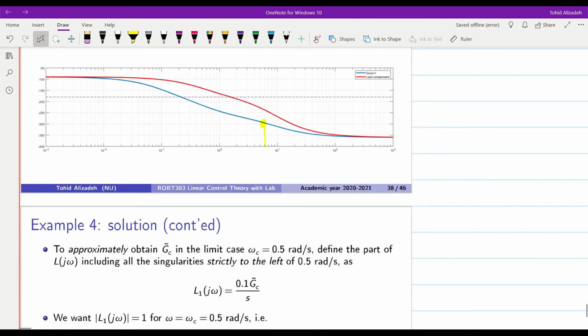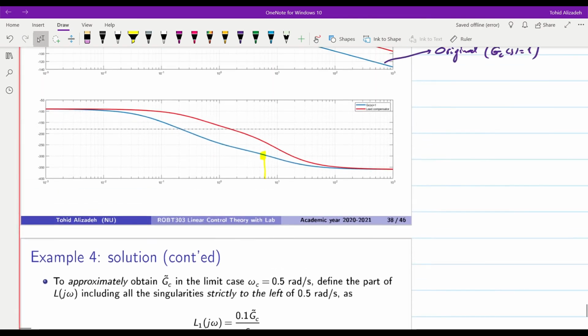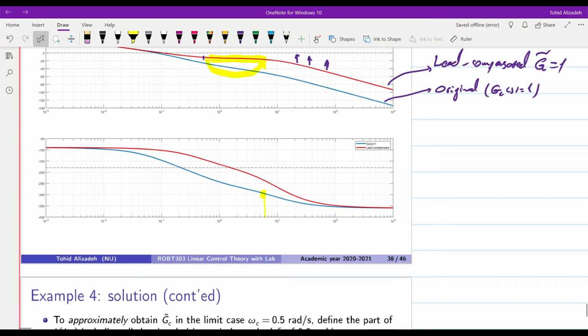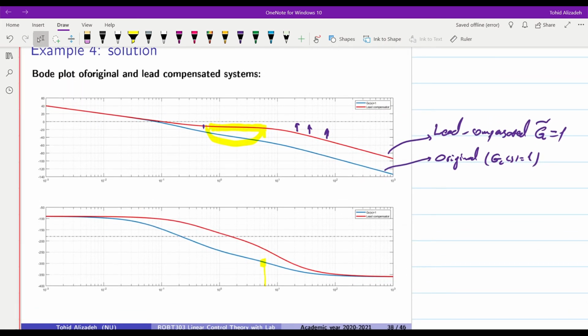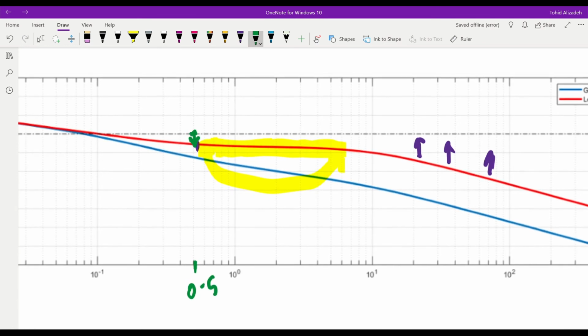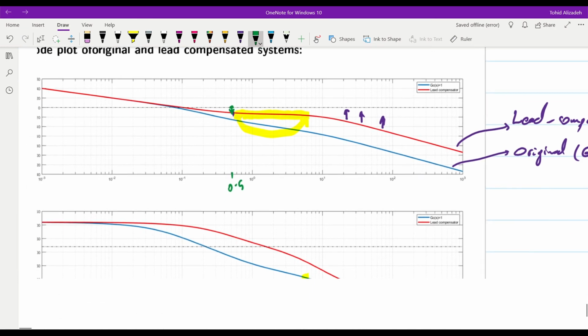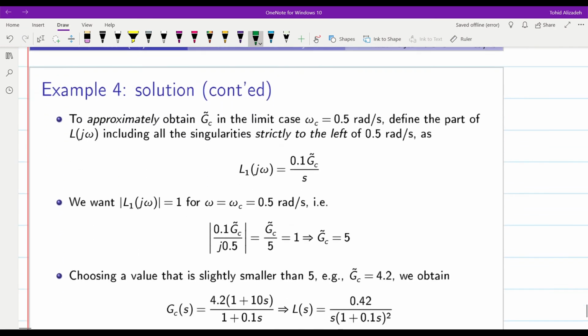If we do so, there will be a jump in the crossover frequency and the system will become unstable. Now, in order to obtain the approximate value for GC tilde, we can check the current value at that frequency, 0.5, and then introduce this increase in terms of the amplitude, and then we will have the crossover frequency equal to almost 0.5.